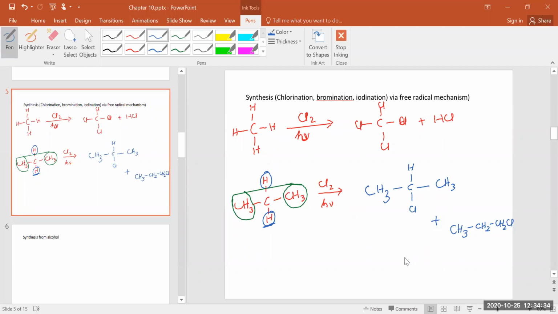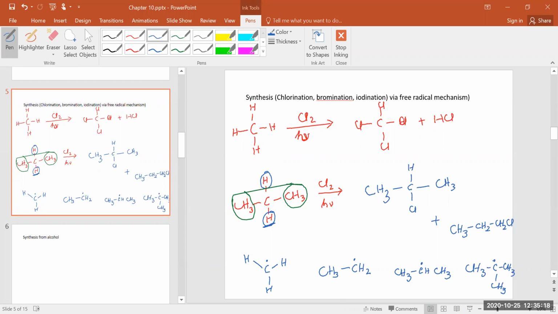When we talk about free radicals, they have different stabilities. Take the methyl free radical, then the ethyl free radical, then the propyl free radical, and then the tert-butyl free radical.